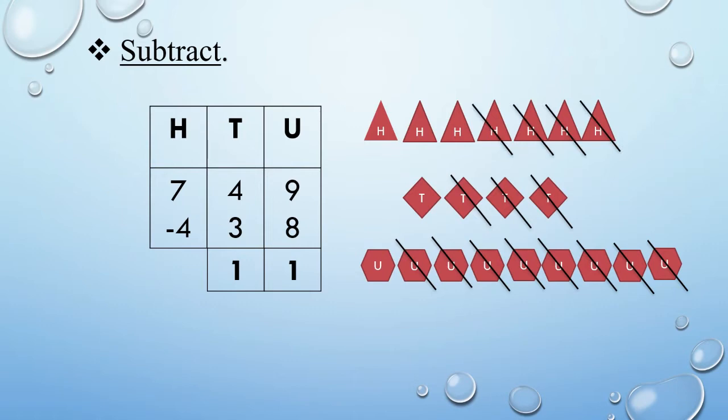So how many remaining here? 1, 2, 3. So 7 hundreds minus 4 hundreds is equal to 3 hundreds. So the answer is here 3 hundreds, 1 ten and 1 unit, which means 311.